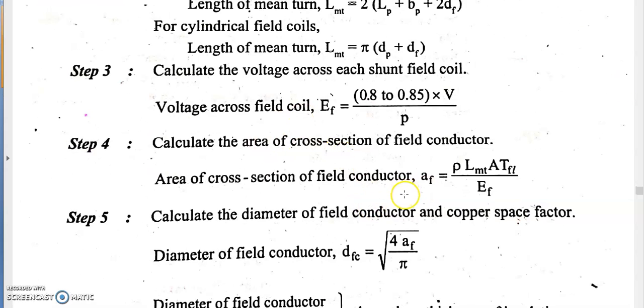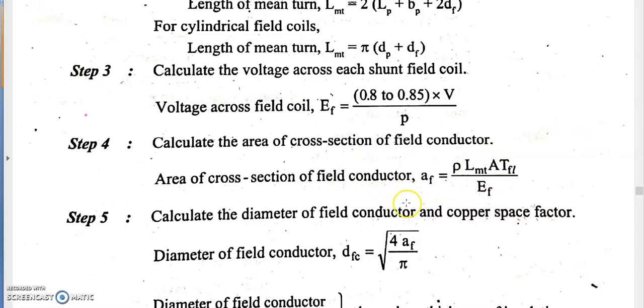Then the area of cross section of the field conductor can be calculated from this equation, which we derived earlier: rho times LMT into TF over the voltage, where LMT is the length of the mean turn.